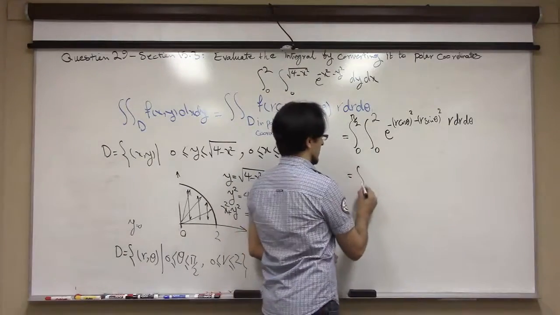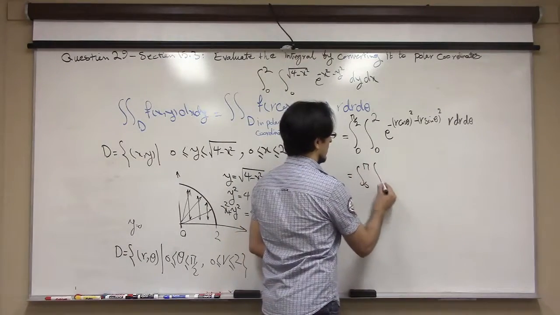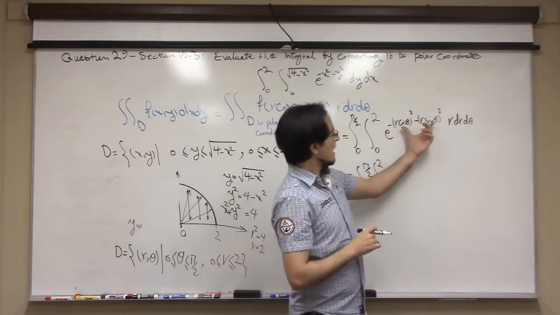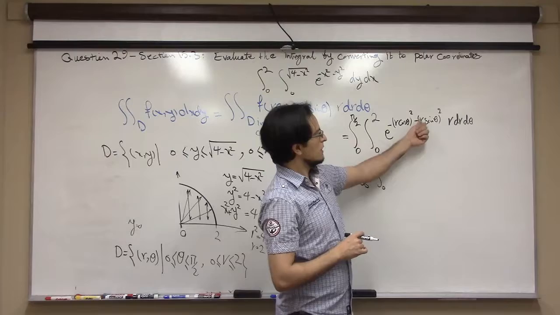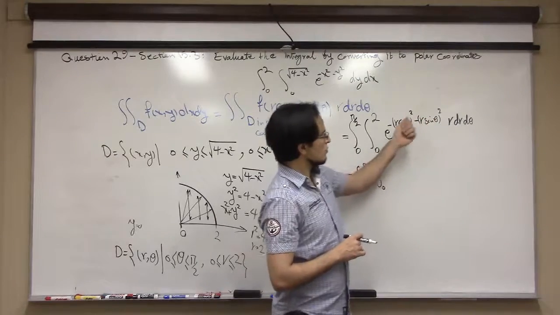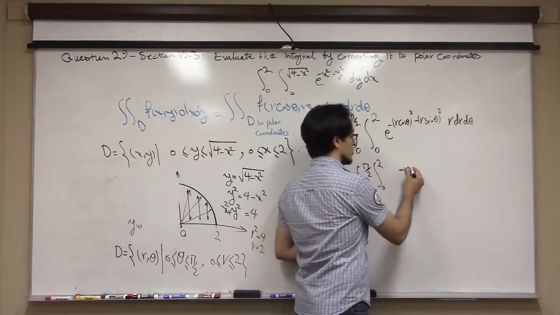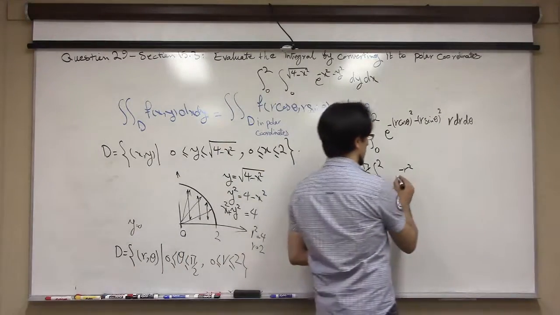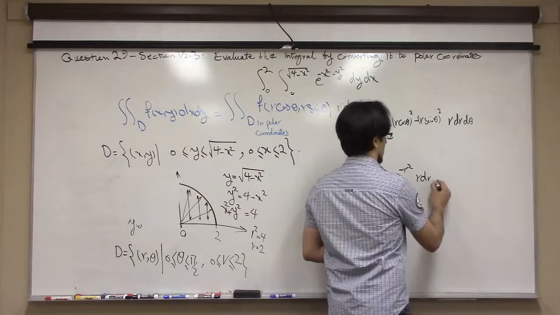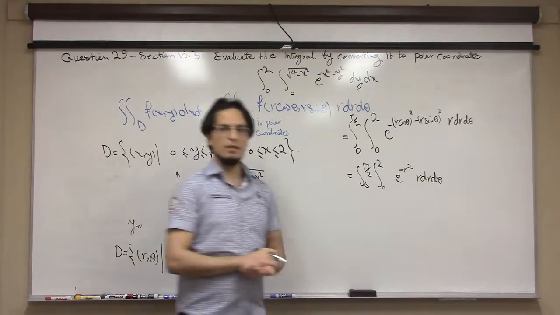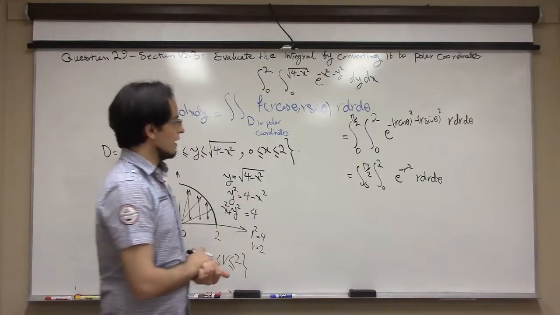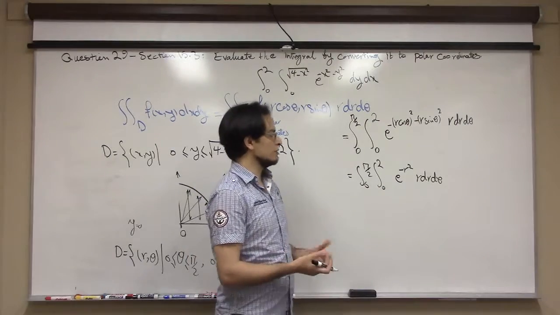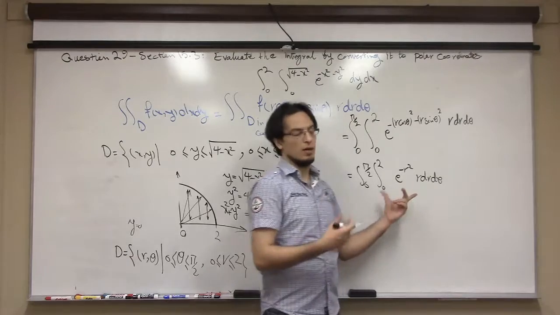Now you can simplify this up here. I have r squared cosine squared minus r squared sine squared. I can factor out minus r squared, and cosine squared plus sine squared is equal to 1. So I have this thing here. Now I have an iterated integral written in polar coordinates. I can try to evaluate the inner one first, then the outer one.